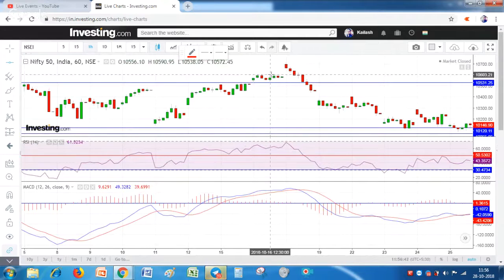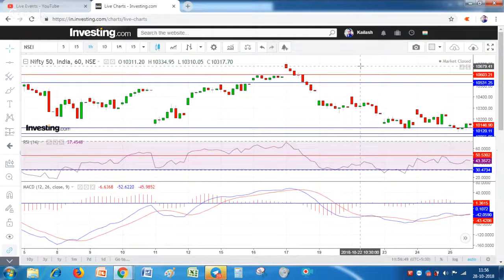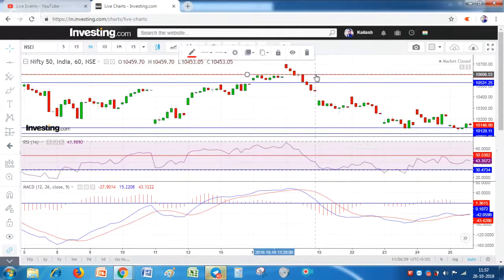Friends, we have to look at some range or level where the stock has found it difficult to cross. That level is a very good stop loss level. So our stop loss level comes to be approximately 10,605, somewhere at this level.